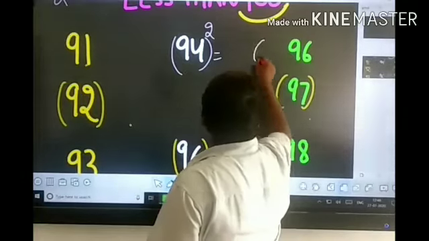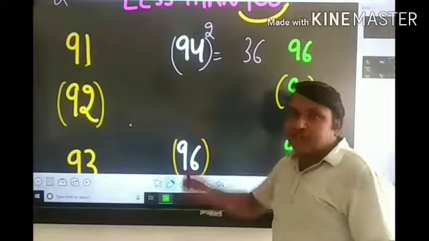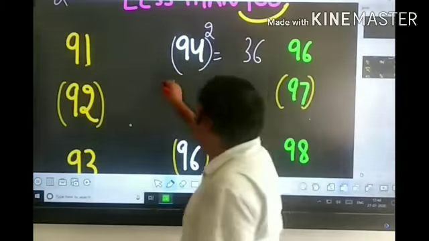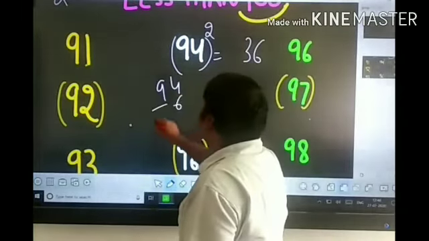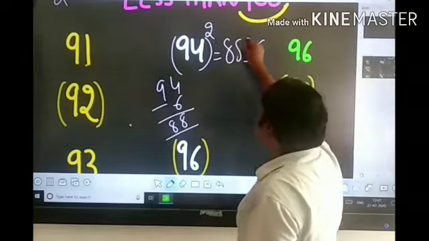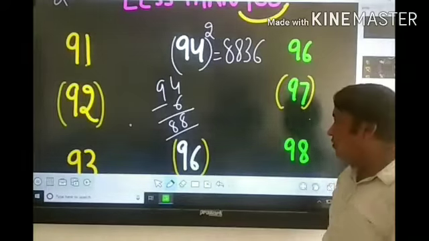Firstly you will write the square, so 6 multiply 6 is 36. And now you will subtract 6 from the given number 94. Now you will get 88. You will write 88. It completes the square of 94.